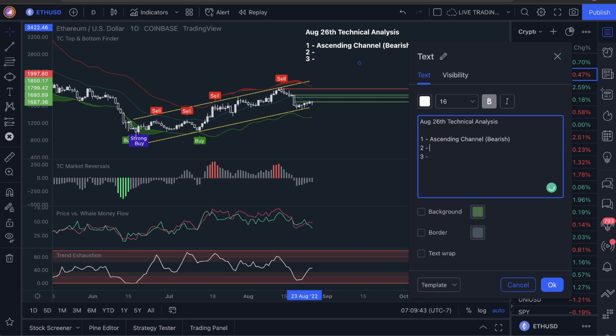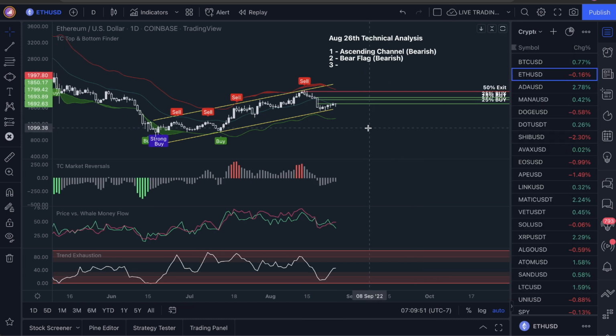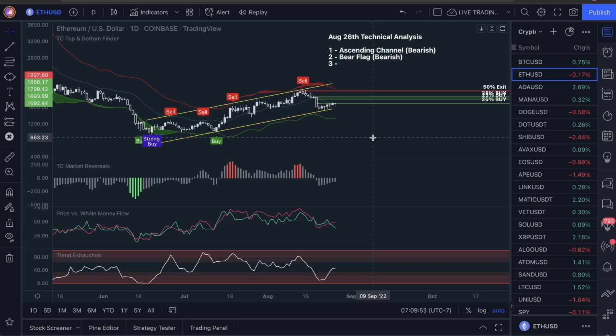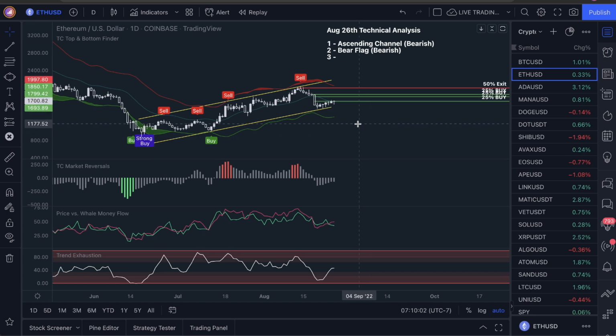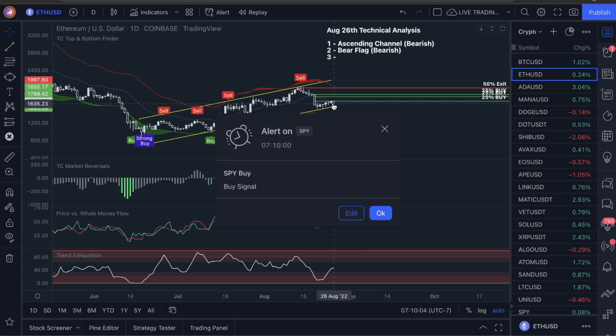So we have 2 technical analysis patterns over here that are bearish in the nature of how they form and how they usually play out in the market. Is it 100% sure that they're going to play to the downside? No, nothing's 100% sure, but we have a high statistical probability that we are going to see that move down.